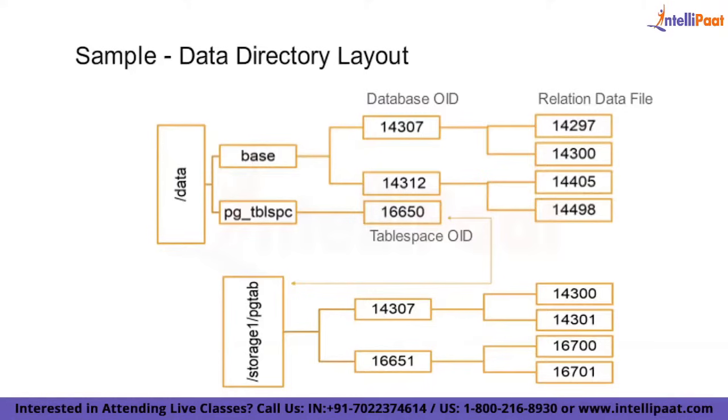You need to make sure you have enough free space. If you have multiple databases, modules, applications or clients, you can create separate tablespaces for each database. You can have the data directory in one place and the actual database in another directory. That's how you can maintain it.